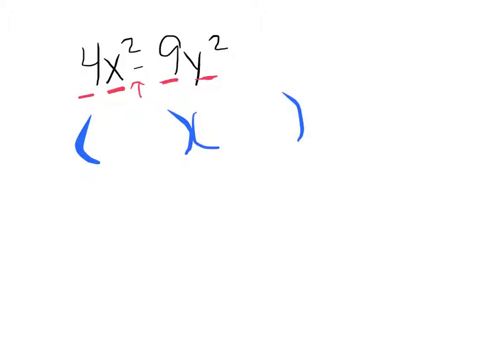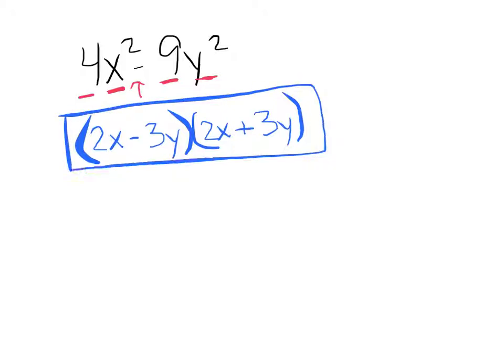The square root of 4 is 2, so I need a 2 and a 2. Square root of x squared is x. Square root of 9 is 3. The square root of y squared is y. One of them has to be negative, one of them has to be positive, and we're done. You can use this for any difference of squares. Sum doesn't work, but differences do.